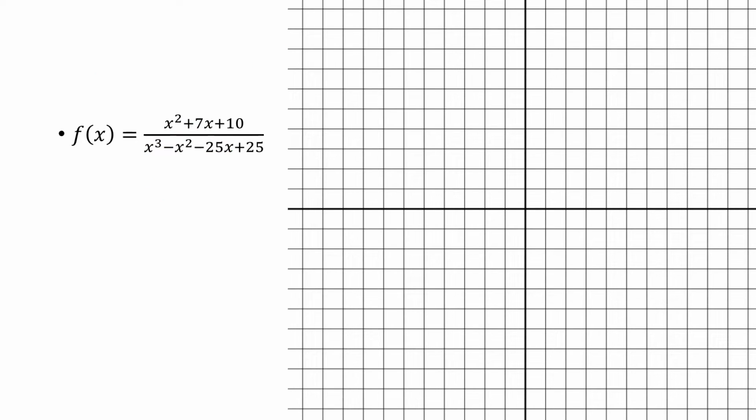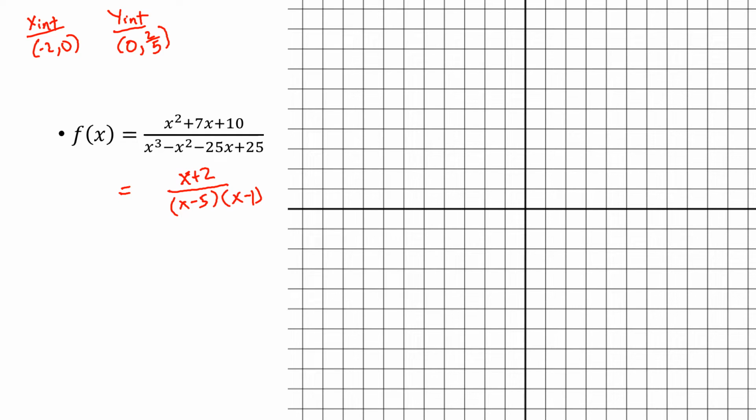Let's find our other values. Remember again that after we've simplified everything and canceled out that x plus 5, what we had was x plus 2 over x minus 5 times x minus 1. Recall also that the x-intercept was at negative 2, 0, and that our y-intercept is at 0, 2/5.